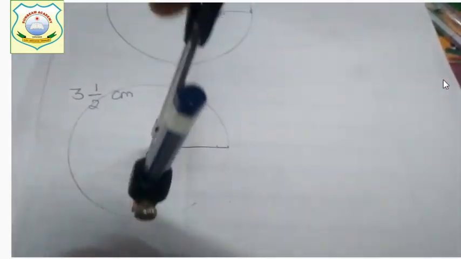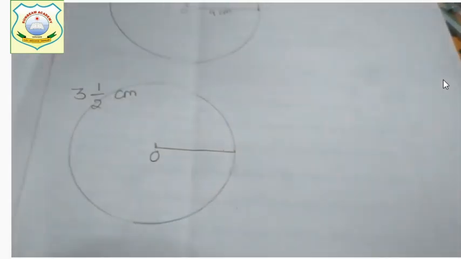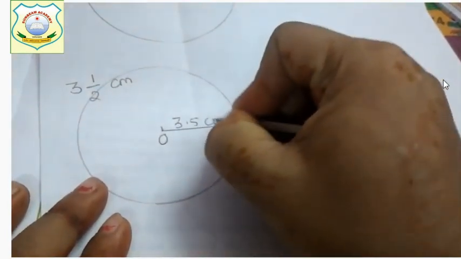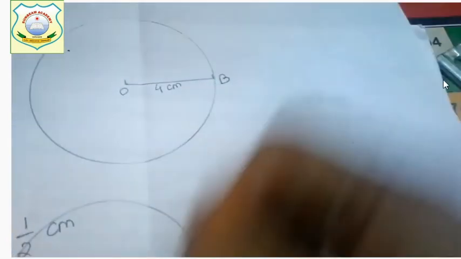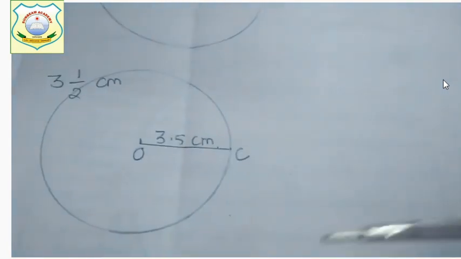We will rotate the compass and you will see that a circle of 3.5 centimeter is drawn. Okay. So this is how we will measure and draw the circle. You can name it any, okay? OC, OD, whatever name you want to give, you can give.